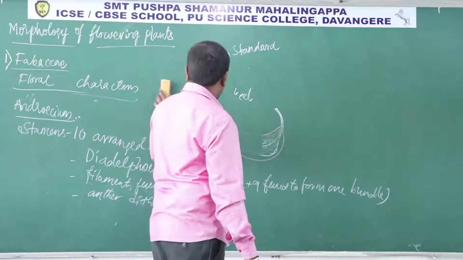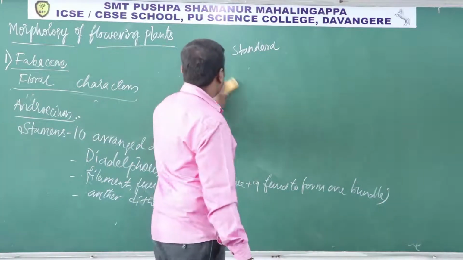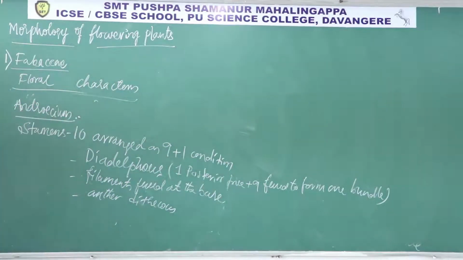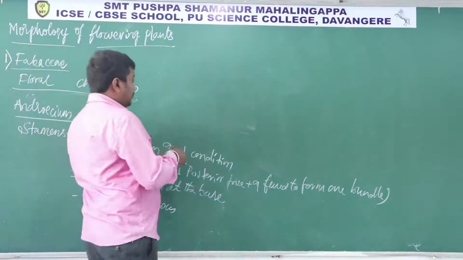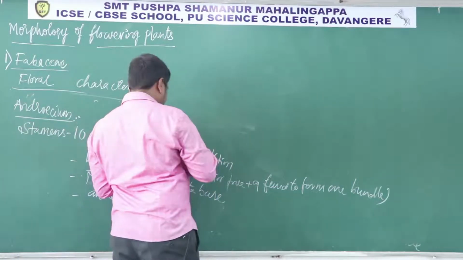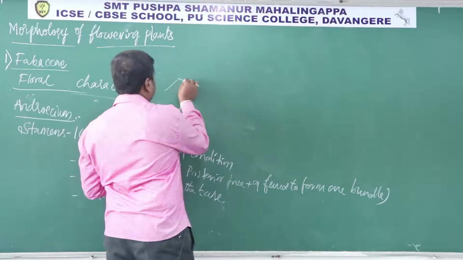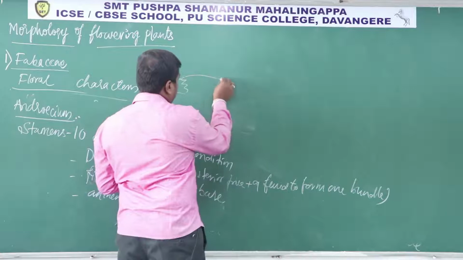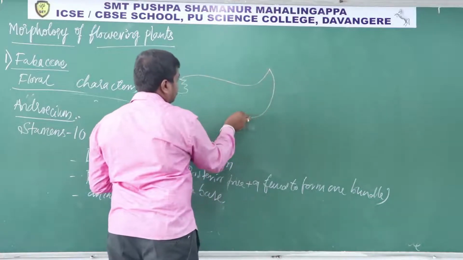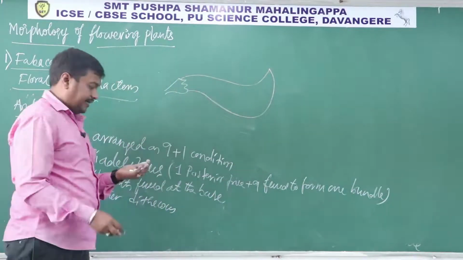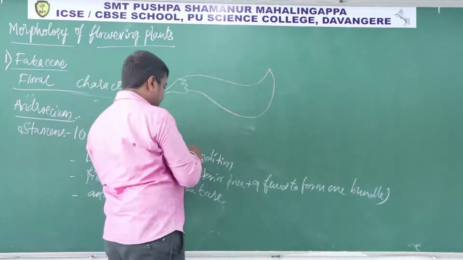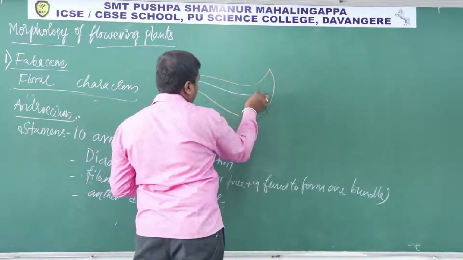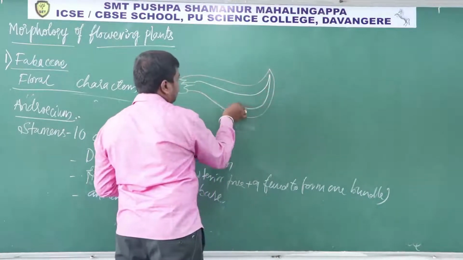So this keel petal that I mentioned, let us see what arrangement is inside that keel petal. If you remove the keel petal, you can find only one keel petal. So this is the keel petal. If you remove one keel petal, inside you can find the carpel like this.